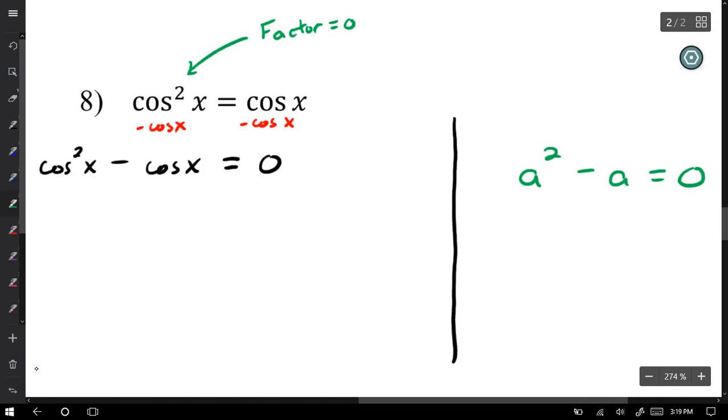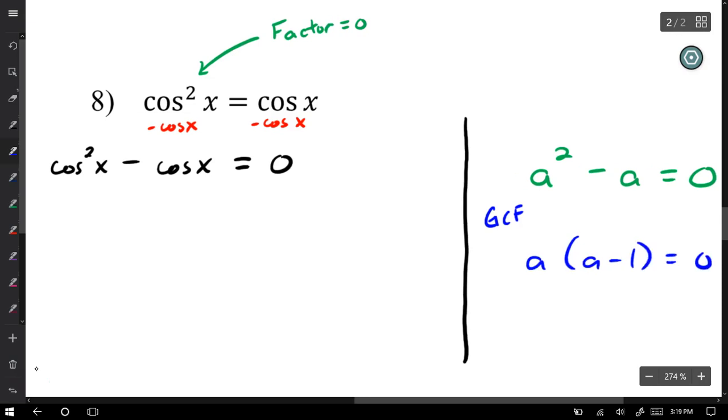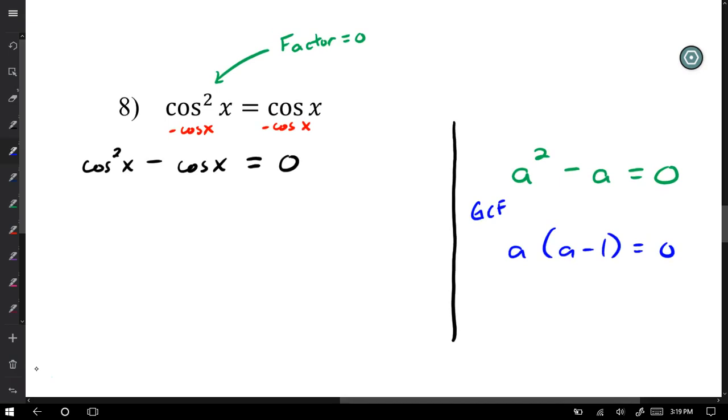If I have a squared minus a equals 0, I would apply my GCF technique. They both have an a in common, so I'm going to factor out an a and leave a minus 1. The same thing goes over here with the cosine squared of x minus cosine of x. These have a GCF as well of cosine of x, so I can factor that out.